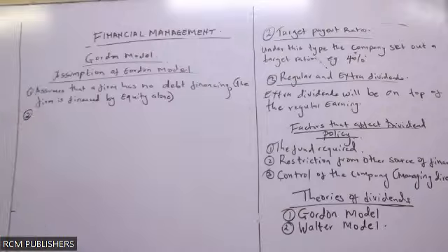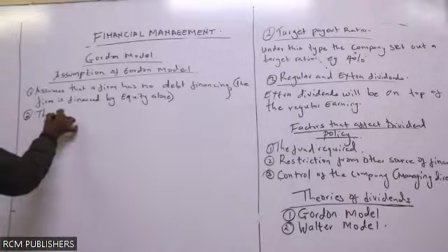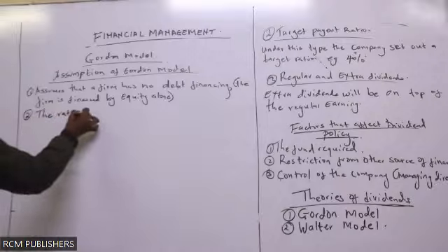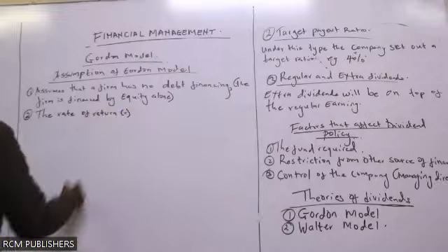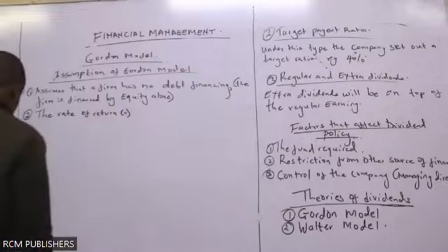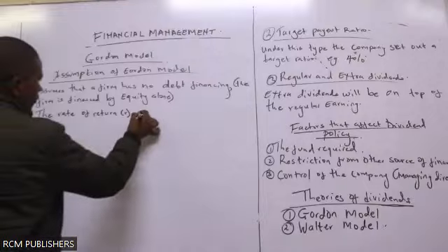Two, the rate of return, which is R, and the cost of equity are always constant.